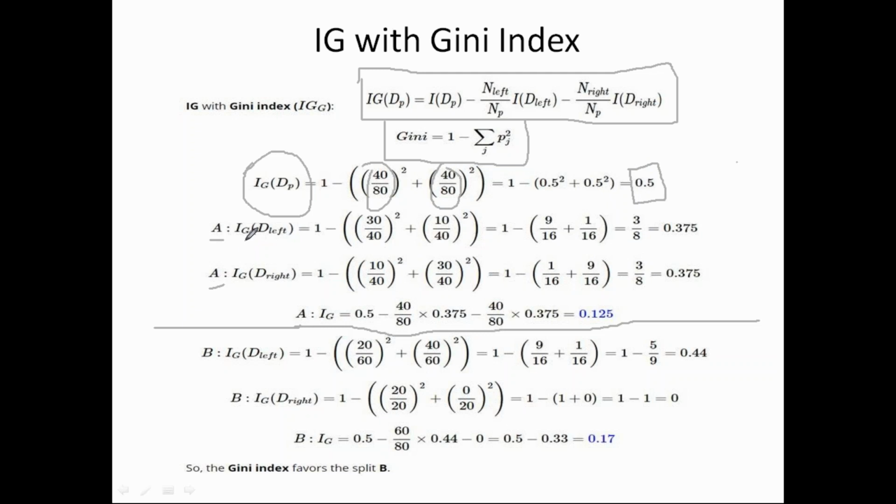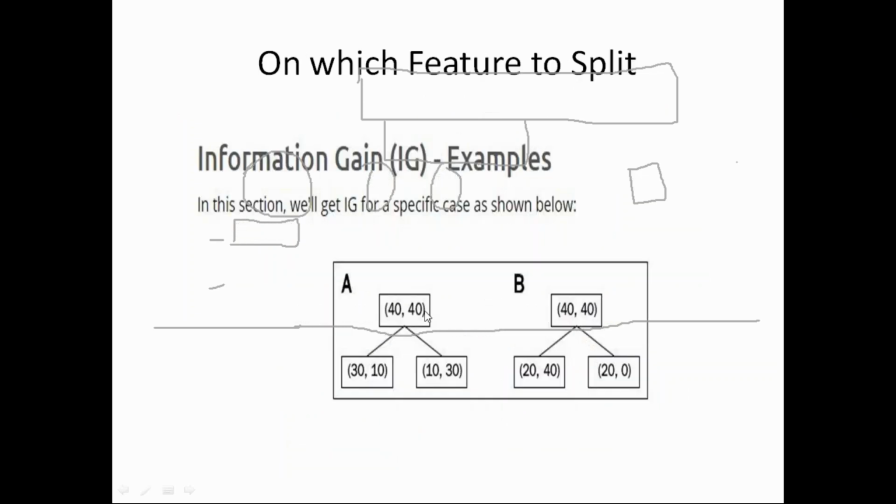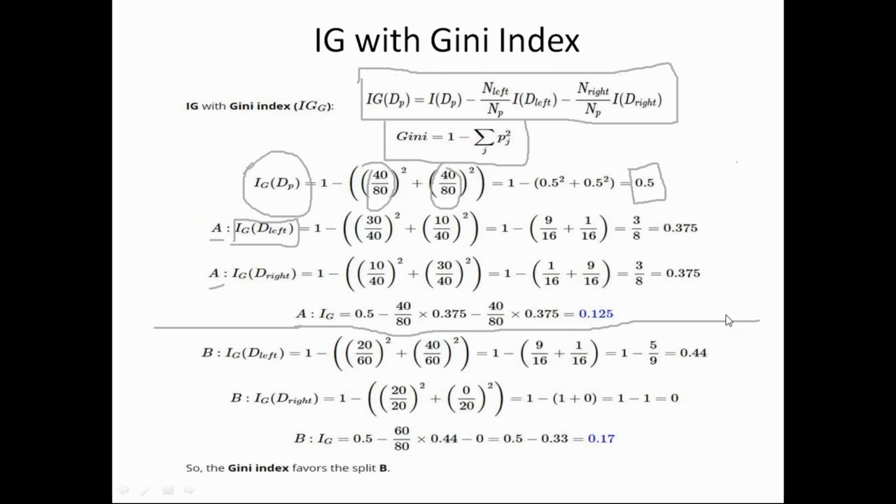Now, what is the Gini index of the left hand side node? This one. 30 and 10, and 10 and 30. See, the left hand side will become something like this: 30 by 40 and 10 by 40, isn't it?